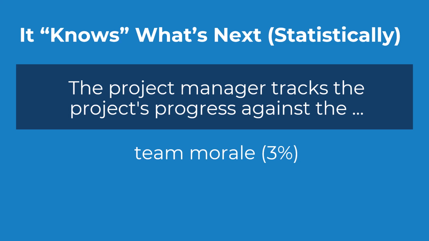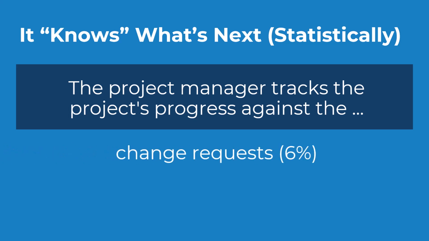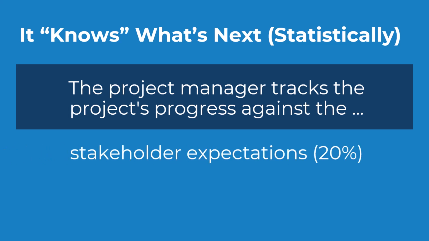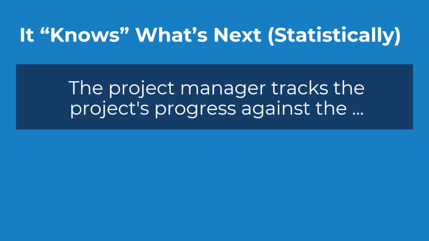Let's now watch it do its thing. Next up comes scope creep, 4%, probably still not yet the right thing to do. Change requests, 6%. Moving on to stakeholder expectations. Okay, yeah, possible, but probably not yet it, 20%. Milestones, 50%. Okay, we're getting bigger and bigger percentages here.